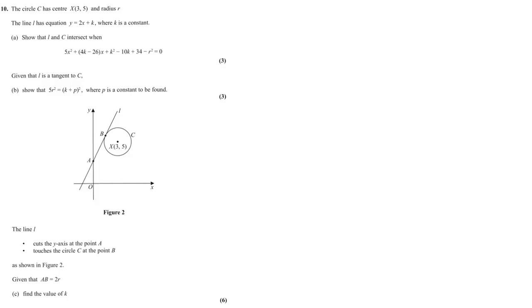It was not clear if this was a timing issue or if candidates simply did not know how to tackle the problem. So that's the gist of what the chief examiner thinks.